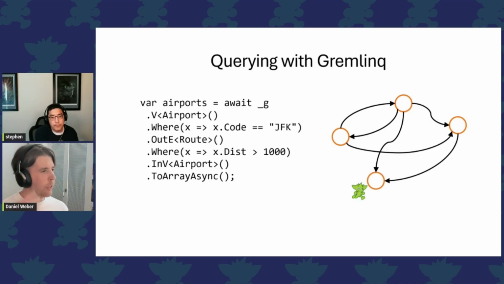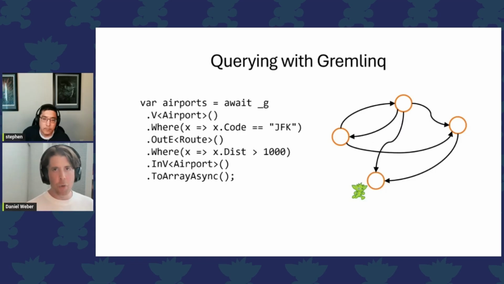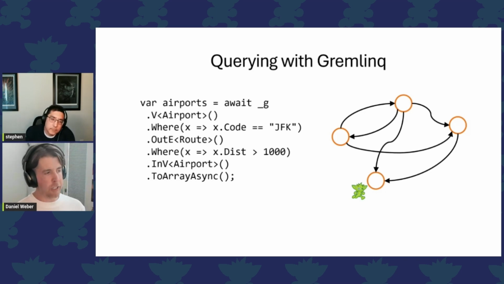We're going to see later on that this is a necessity, because there's no way to know that the adjacent vertex is actually labeled airport. So we tell it to Gremlin: go to the adjacent vertices that are labeled airport. And ToArrayAsync, optionally taking a cancellation token, would asynchronously execute the query and give you the results. So this is what Gremlinq does.